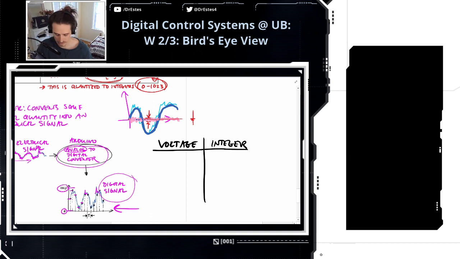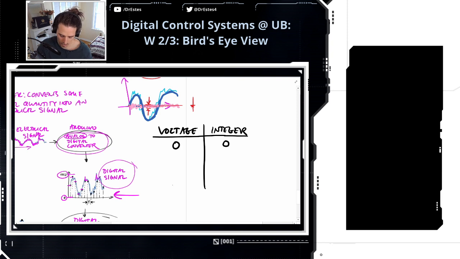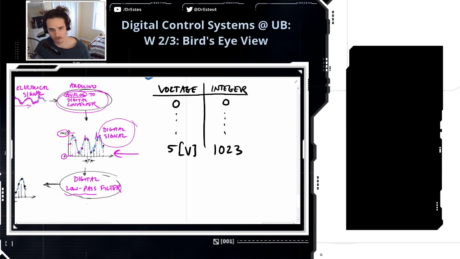So if I have 0 volts coming into that pin, it assigns the integer 0. And then let's skip down to the end. The highest that I can get is 5 volts. That corresponds to 1023. And then all of the levels in between are just linearly distributed.